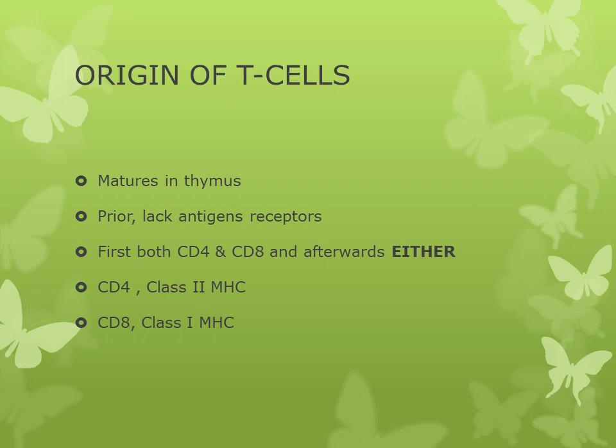A double positive T cell, as I pointed out, is a cell that expresses both CD4 and CD8 protein. If it expresses CD4 on its surface, it comes in contact with the class 2 major histocompatibility complex, and the CD8 bearing cell will come in contact with the major histocompatibility complex type 1.